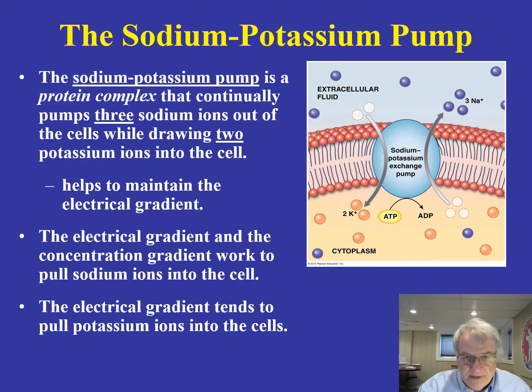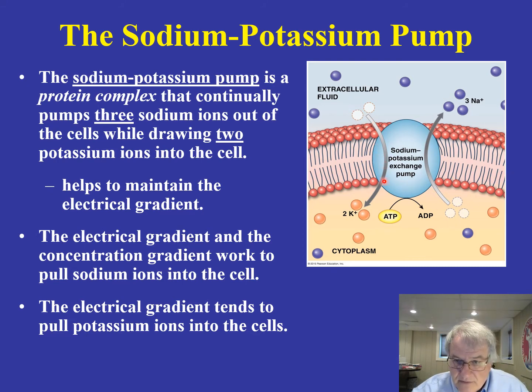So the sodium-potassium pump is a very important concept, and here's our pump that you see right here that's going to be allowing 3 sodium ions out of the cell. Again, this is during the resting state. It's going to be drawing 2 potassium ions into the cell. And what that is going to do is it's going to allow this electrical gradient to occur. So again, here's our sodium ions being pumped out.